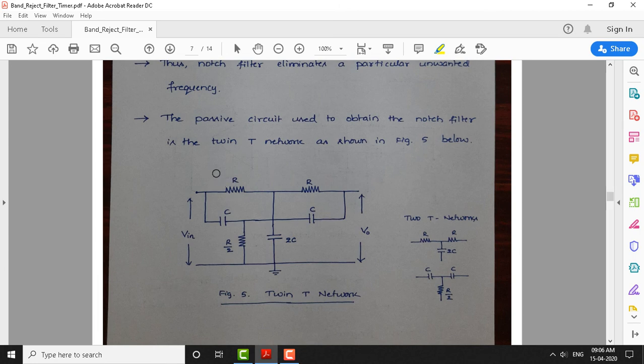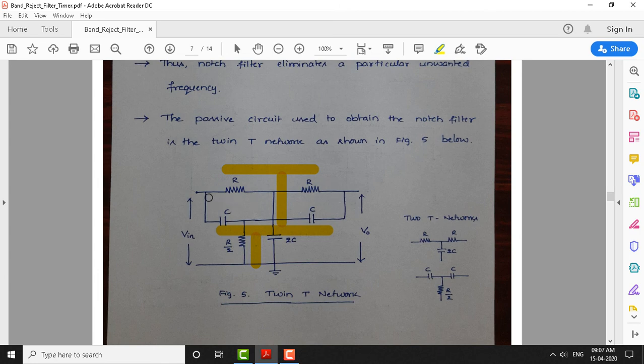One T network is formed by two resistances and one capacitance. Another T network is formed by two capacitors and one resistance. So using these two twin T networks, we can construct the notch filter here.